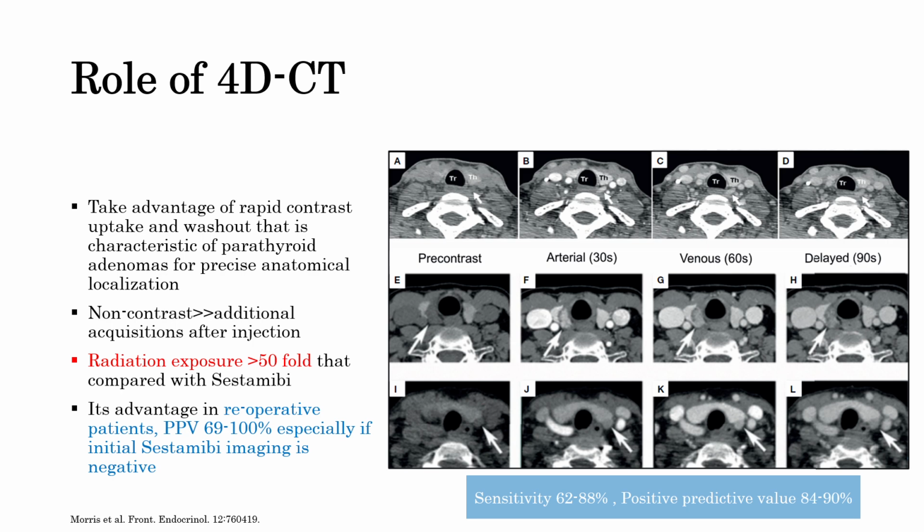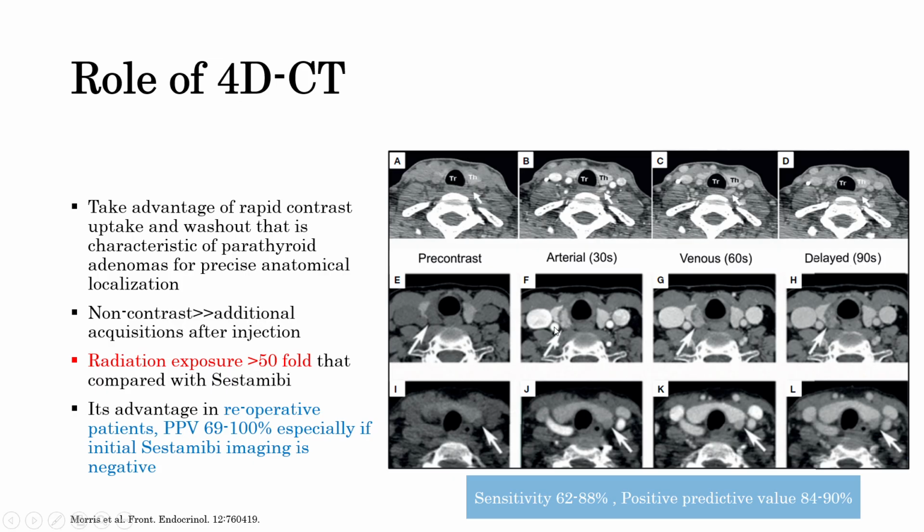The 4D CT scan takes advantage of rapid contrast uptake and washout, which is characteristic for parathyroid adenomas, for precise anatomical localization. Usually, pre-contrast images are taken, and then additional acquisitions after injection, like after 30 seconds, 60 seconds, to see the parathyroid adenoma, like in this image here.